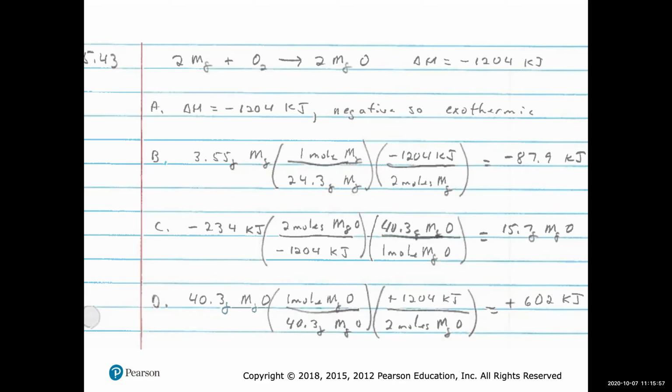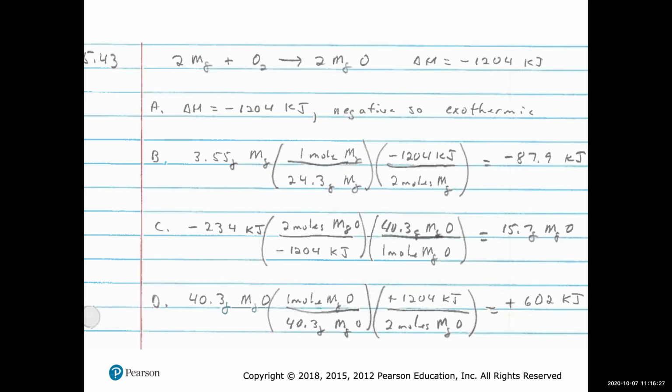Okay, so in part B, it says calculate the amount of heat transferred when 3.55 grams of magnesium reacts at constant pressure. A couple of things should come to mind when we see that. We're given a gram value, and we want to get that over to an answer in kilojoules.